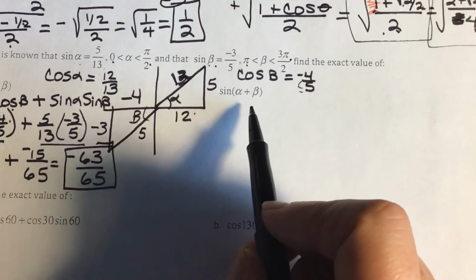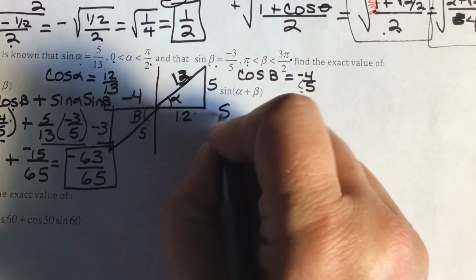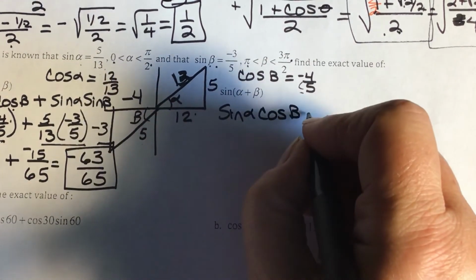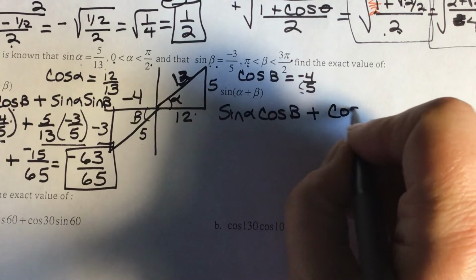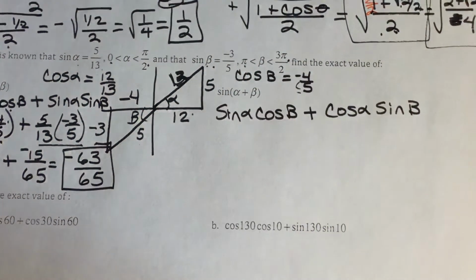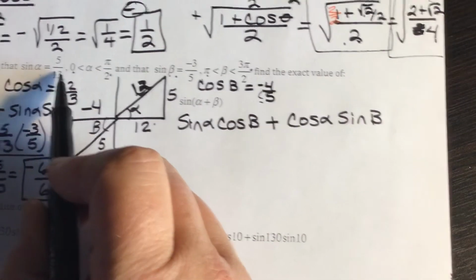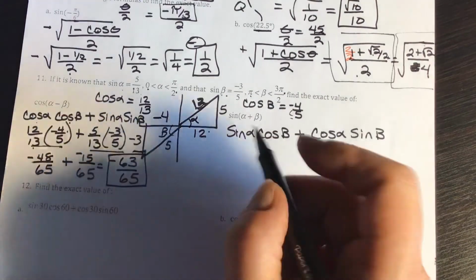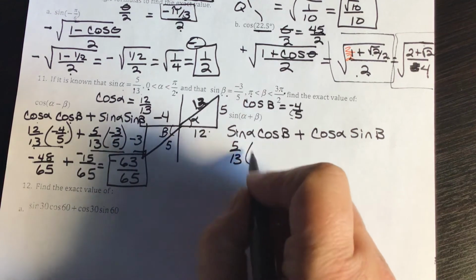So the formula for sine A plus B, here we'll have sine A cosine B, same sign, plus cosine A sine B. All right, now I'll put my values in. Sine A from back over here is 5 over 13. Cosine B is negative 4/5.